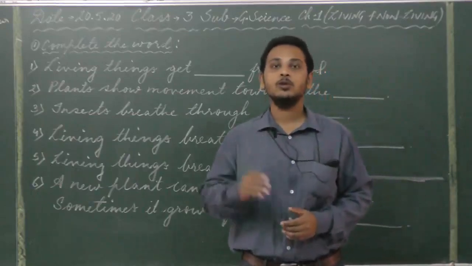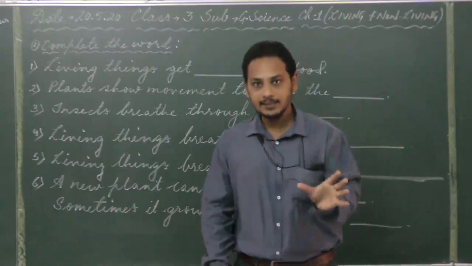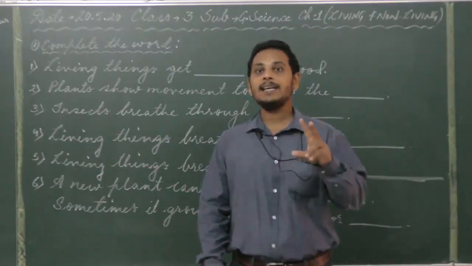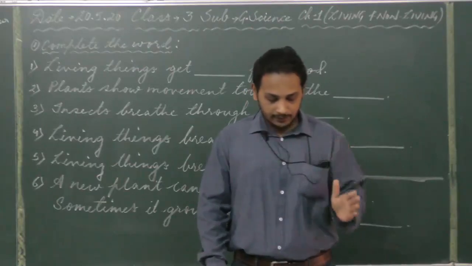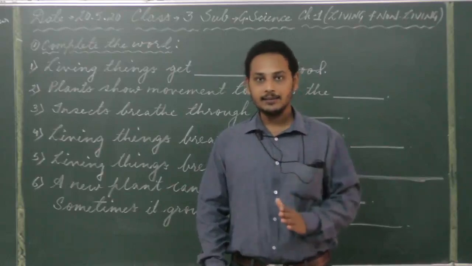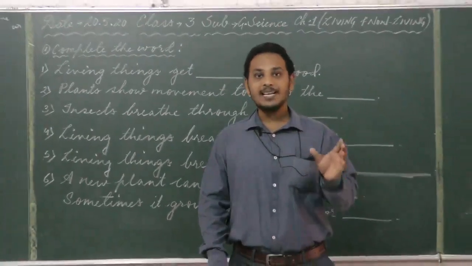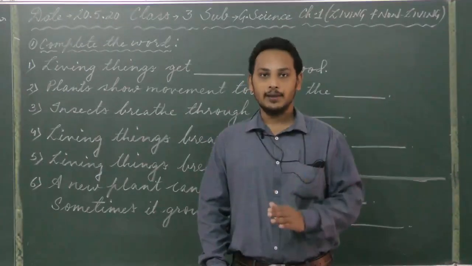Now remember this, that exercise B, exercise C and D, you have to do them in your science copy, in your science notebook. Okay, so yesterday I gave you to write differences between living and non-living things. Also I gave you two diagrams to draw. The first diagram was draw one living and one non-living thing. And the second diagram was draw one natural non-living and one man-made non-living.